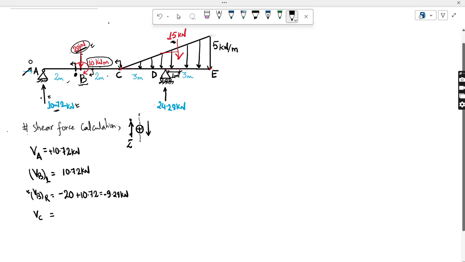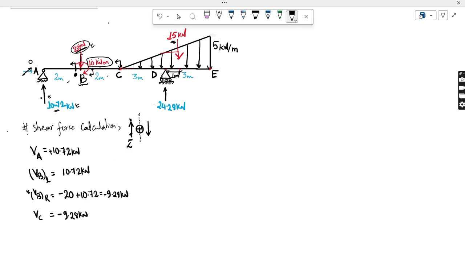So for shear force calculation, don't you dare go for the couple, just only see the transverse forces. So again I can see 10.72 kilonewton and 20, so this will again come exactly like the above one, just like minus 9.28 kilonewton.